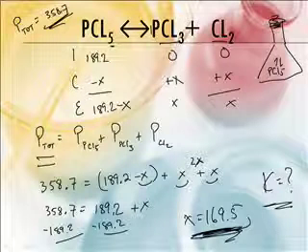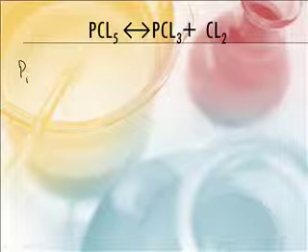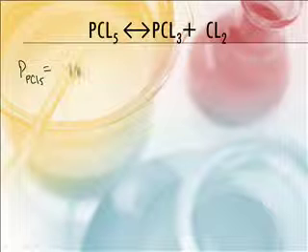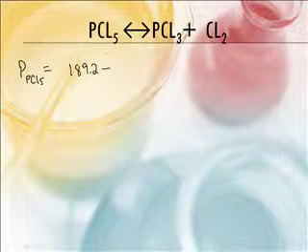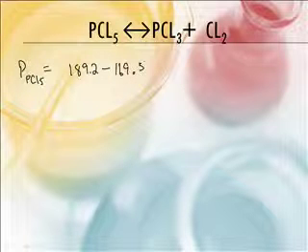So the partial pressure of the PCl5 is equal to 189.2 minus that value of x, which was 169.5.